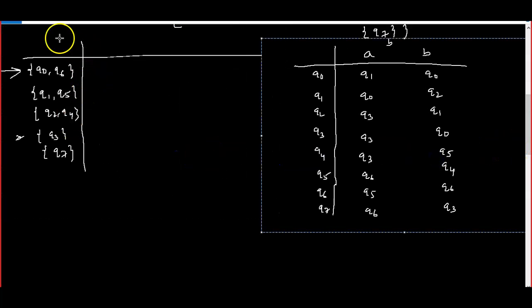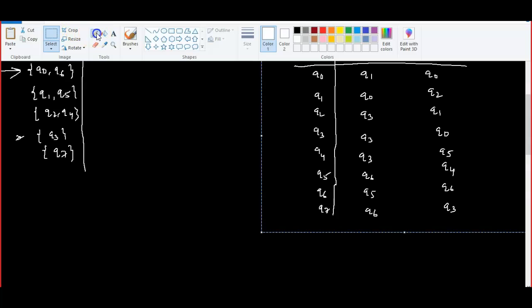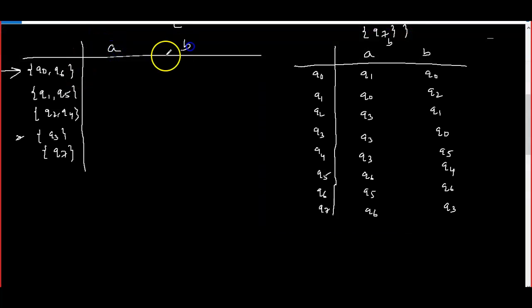So now it will be easy to copy it here. This is A, this is B. Q0 to A goes to Q1, and Q6 to A is going to the Q5. Okay, this one together. And I already know Q1 and Q5 is together now.